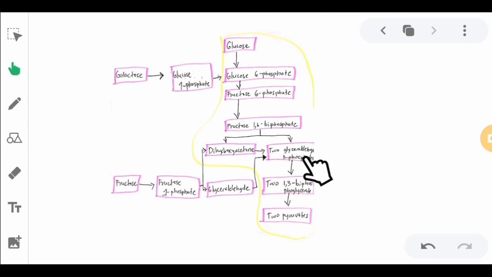So the entry point for fructose is from the cleavage, from the dihydroxyacetone, and then the formation of glyceraldehyde 3-phosphate. So that is the entry point for galactose and fructose once they enter the bloodstream through the villi. That is all for glycolysis.